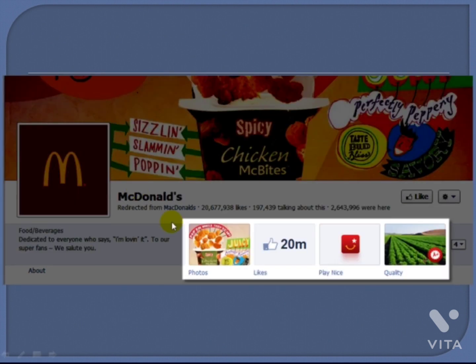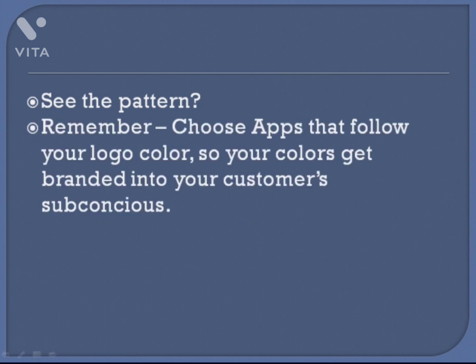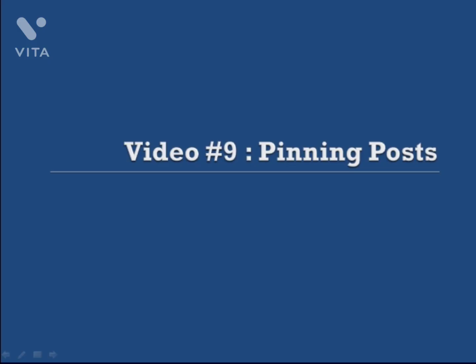Look at the color scheme. You can't change the likes, but you can change the other images, as you can see here. So you see the pattern? Now you can see that that's exactly what you need to do. So remember, choose apps that follow your logo color so your colors get branded into the customer's subconscious.